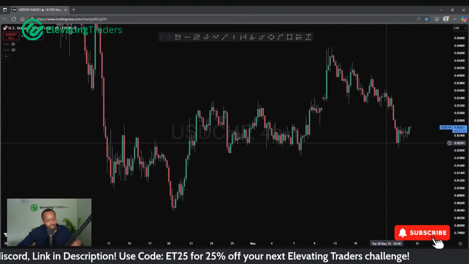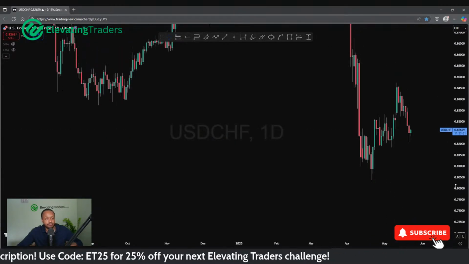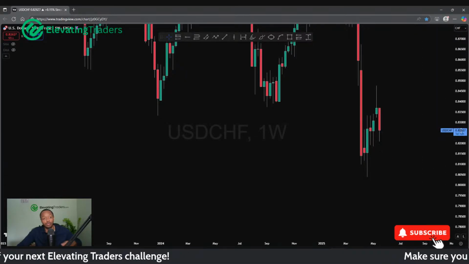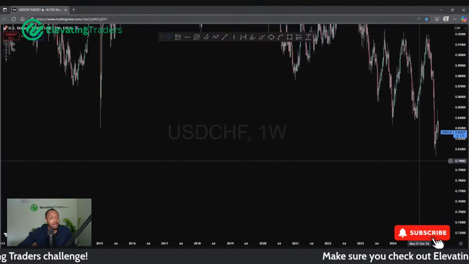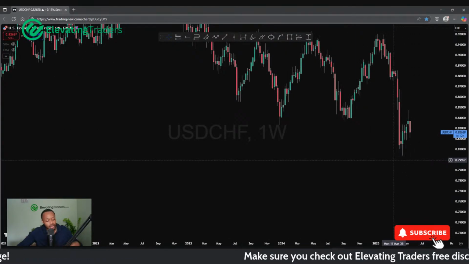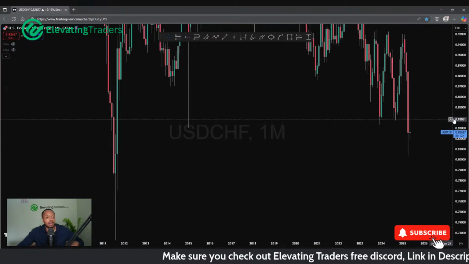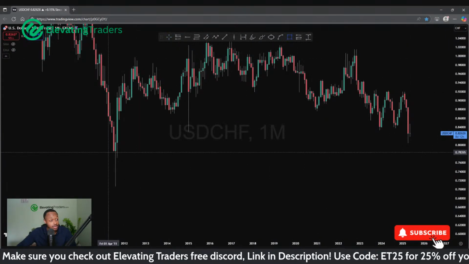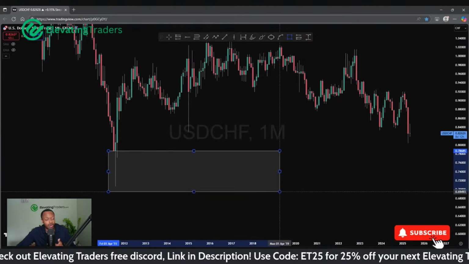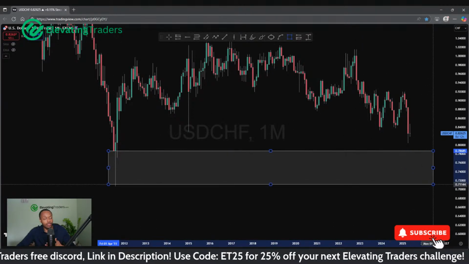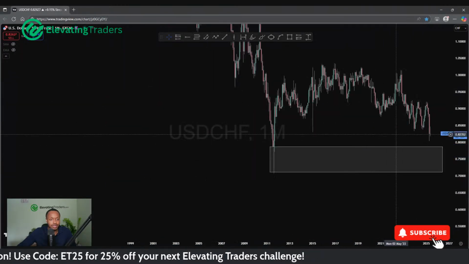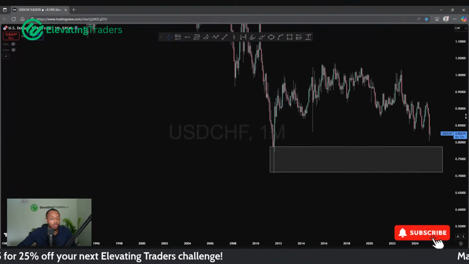Anyway, dollar CHF, another USD pair. Long term, I do think more downside is on the cards here, not only in terms of the price action of dollar CHF, but I do think DXY is likely to keep falling, so that should drag dollar CHF with it. I think we've got a good chance of coming back to this monthly zone at 0.778, we'll call it.